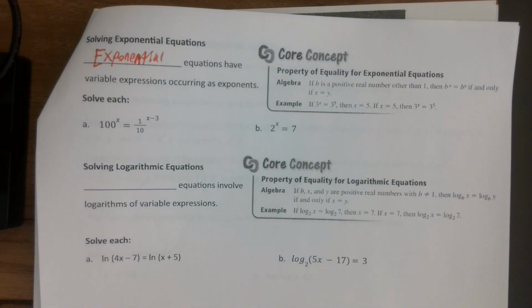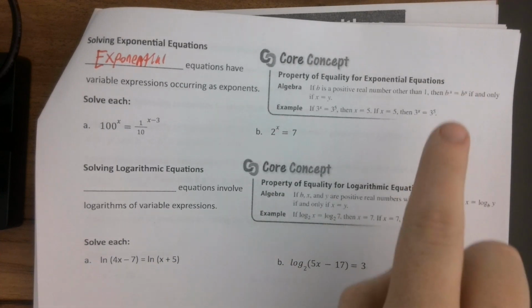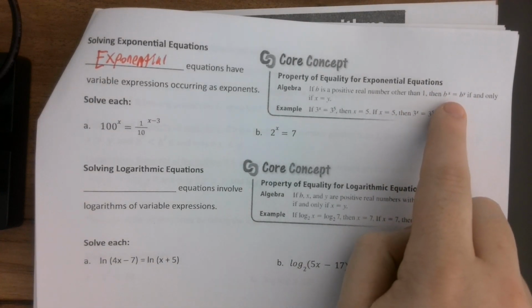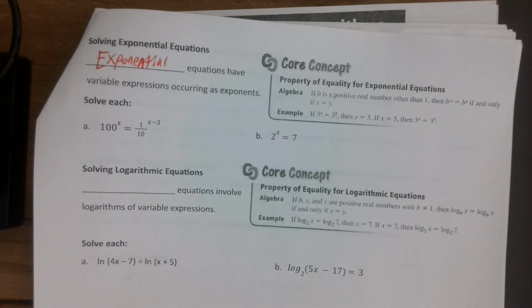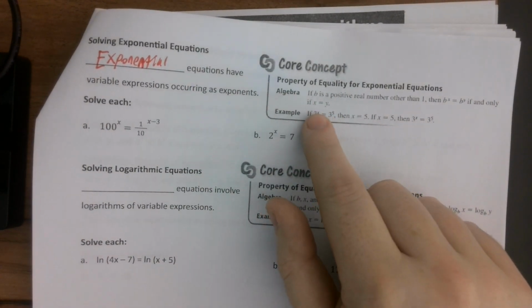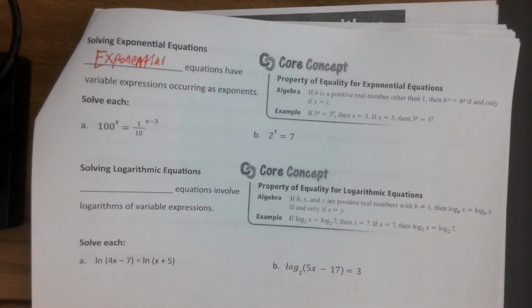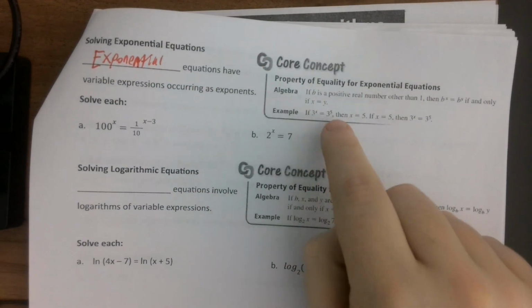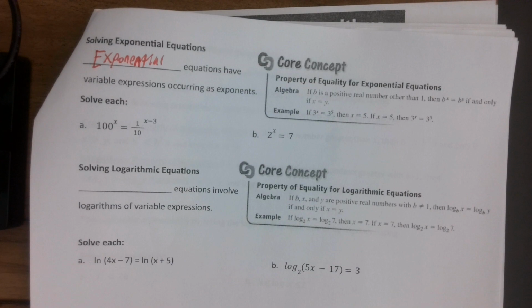The math behind it is, if you have two terms with the same exact base, so the same b value here, then their exponents have to equal each other. So if I gave you a problem like 3 to the x power equals 3 to the 5th power, well, we know that this x has to be 5 because they have to match. We can basically treat it as if, when both bases are the same, we can ignore them and just do math in the exponents.